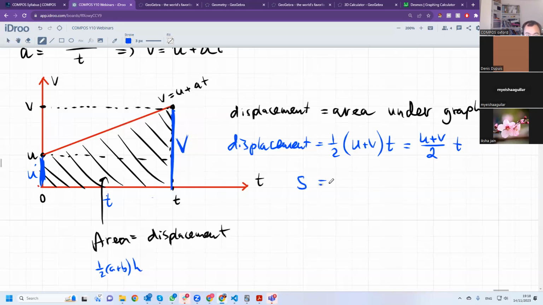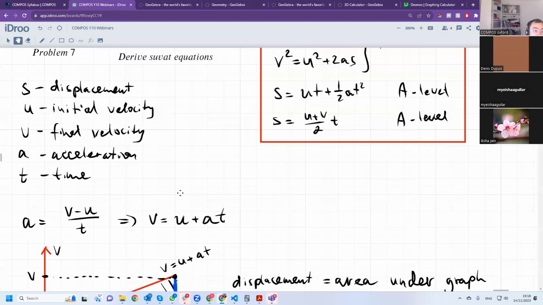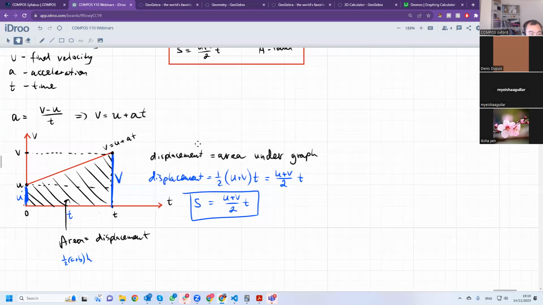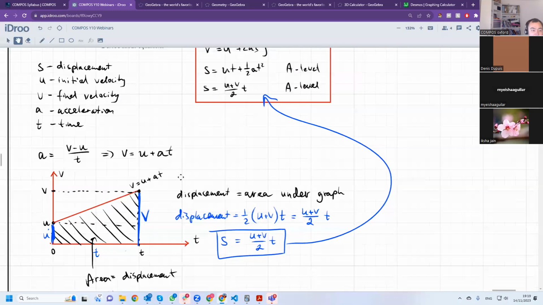So s is u plus v divided by 2 multiplied by t. And this is the fourth equation. We've just derived it. It just comes from the area under the graph.